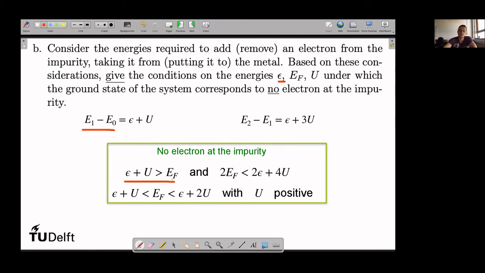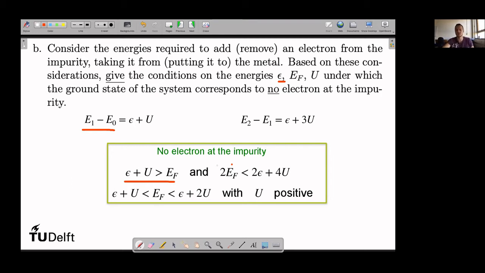And then we also need to make sure that for 2 electrons at the impurity, the energy of 2 electrons at the impurity is higher than having 2 electrons at the Fermi level, in order to make sure that there are no electrons at the impurity.